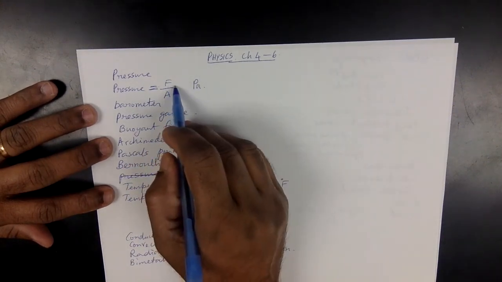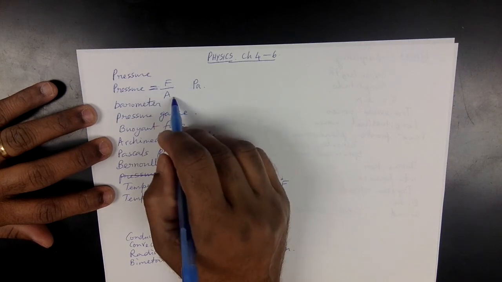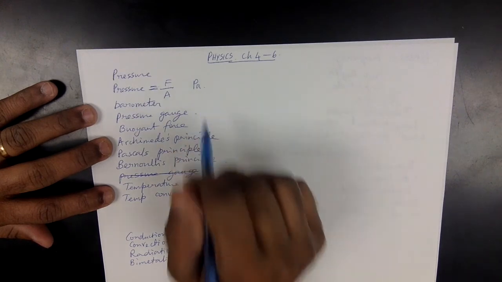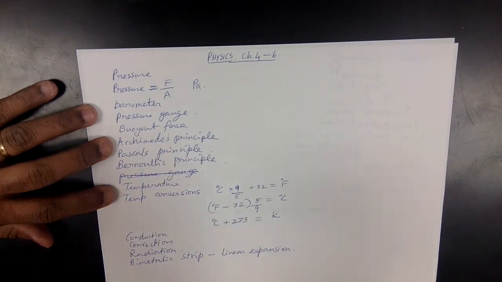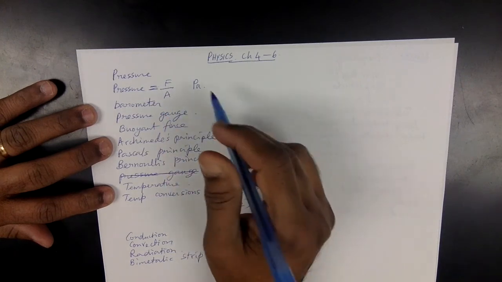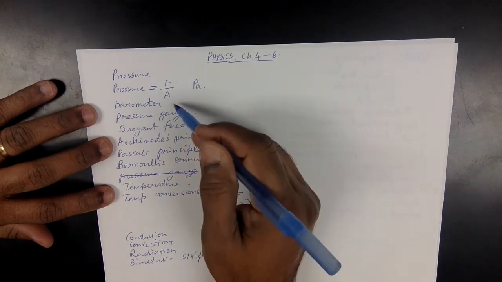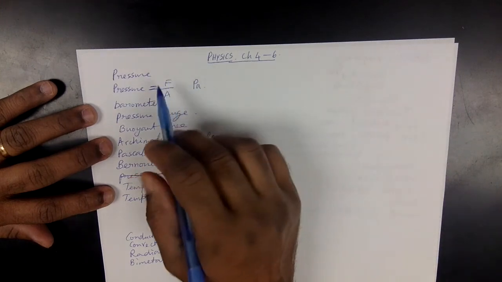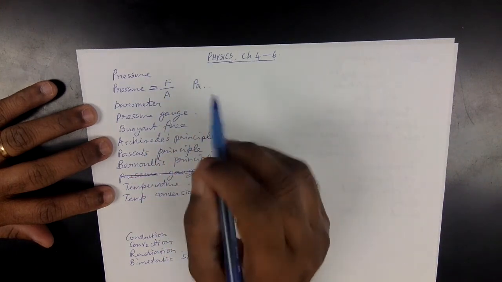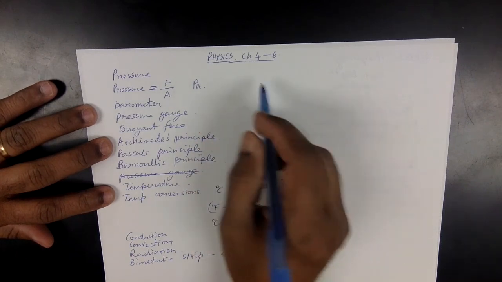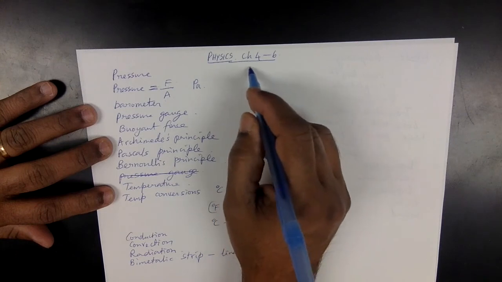However, you can always use pounds and square inches, so PSI. You can use them, but they're not SI units. If you know the pound weight and the area in square inches, you just divide pounds by square inches and you'll get the PSI pressure. In gases, what creates pressure is molecules hitting the surface.